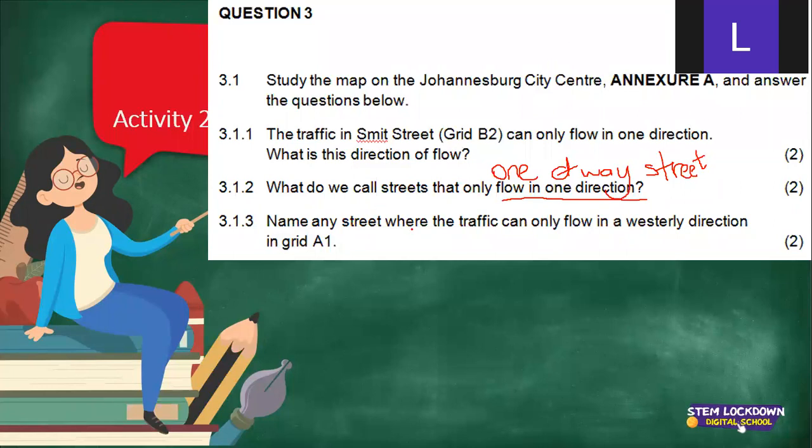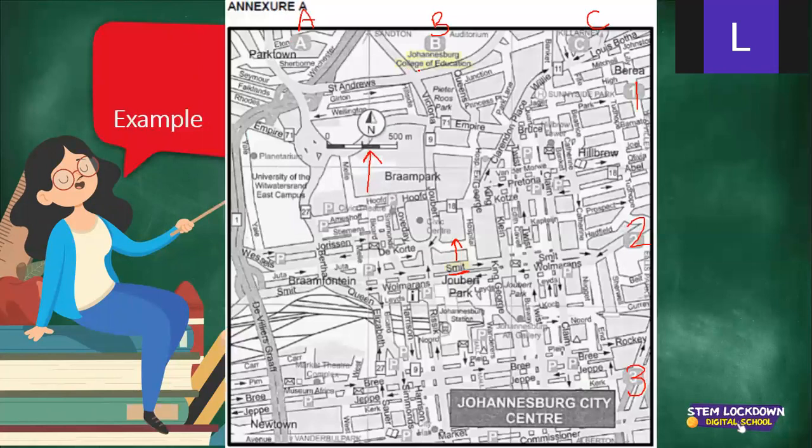Name any street where the traffic can only flow in a westerly direction in grade A1. So we're looking at A1, there's A, there's 1.